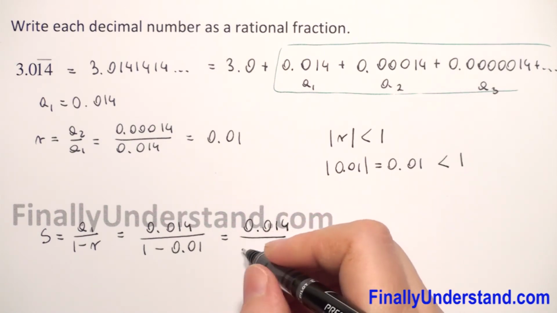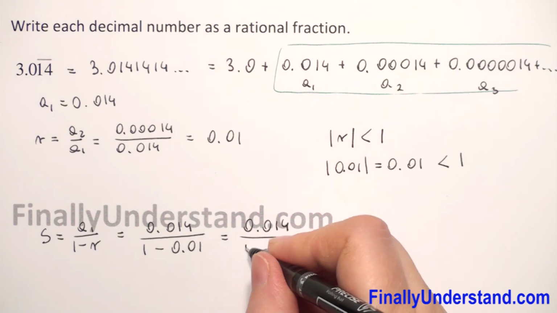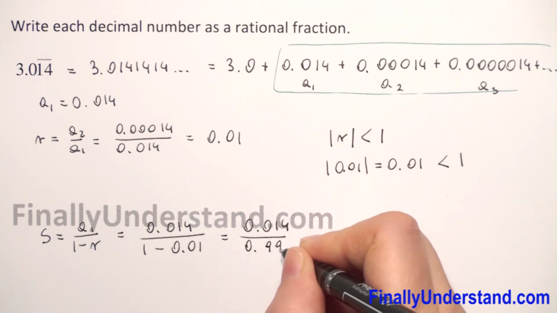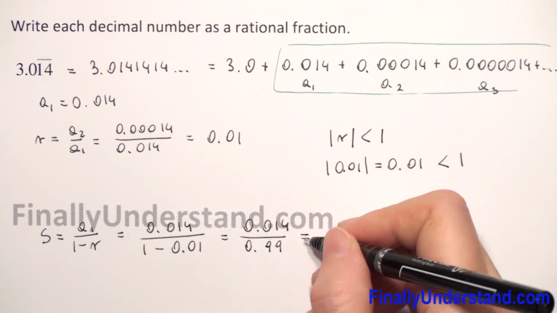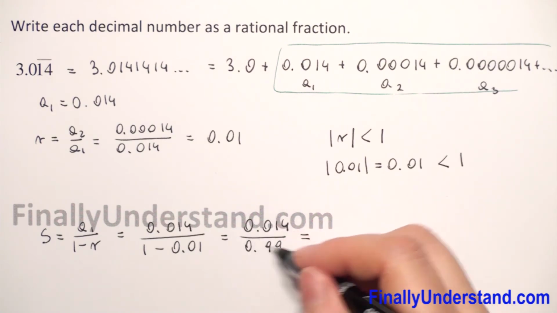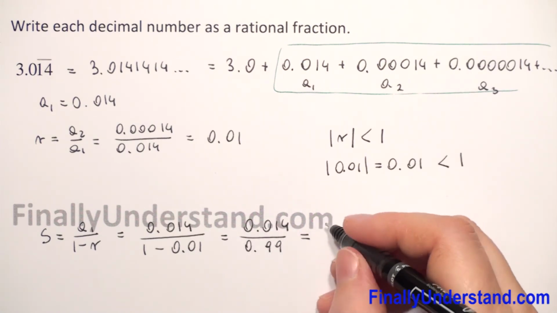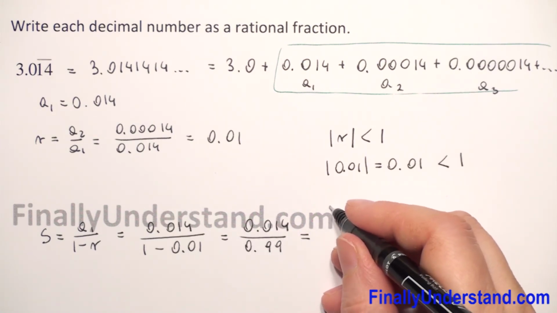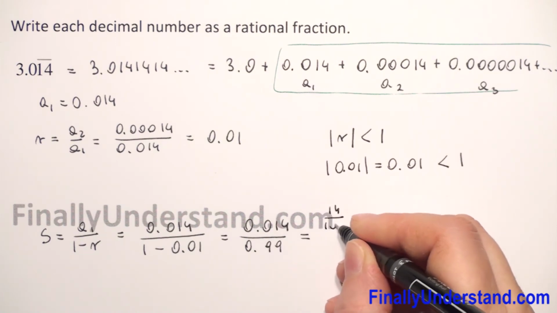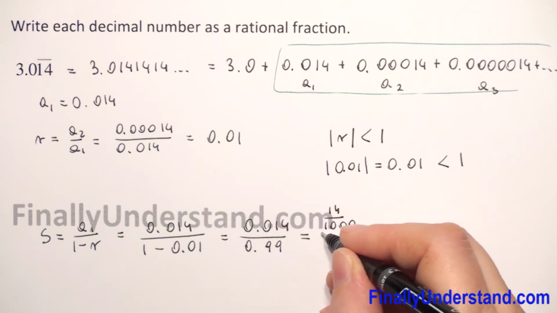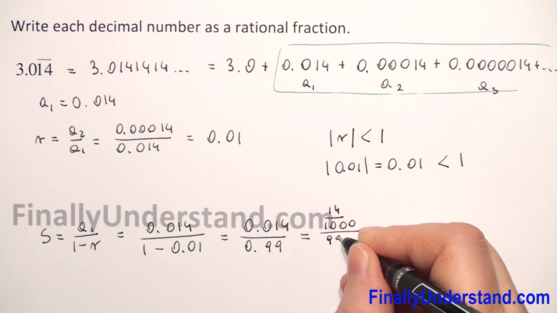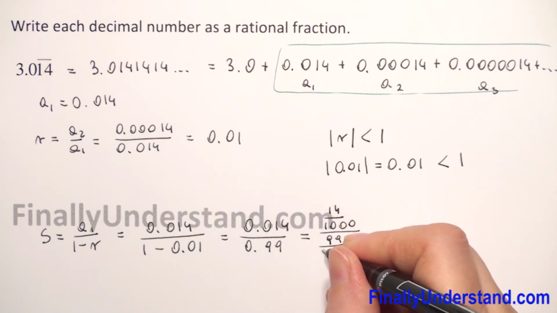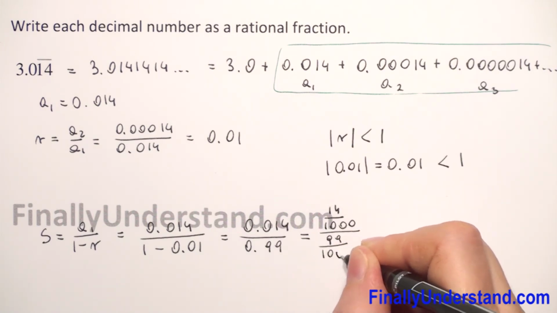to 0.014 over 0.99. We can change this to fractions, so it will be 14 over 1000, and we have 99 hundredths.